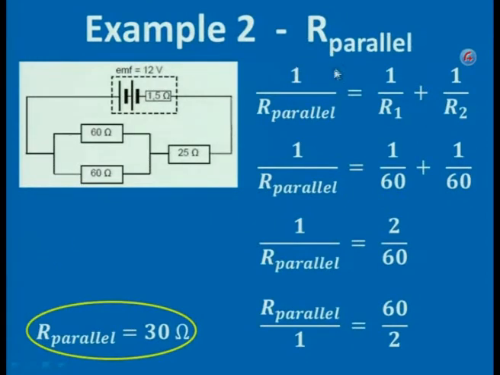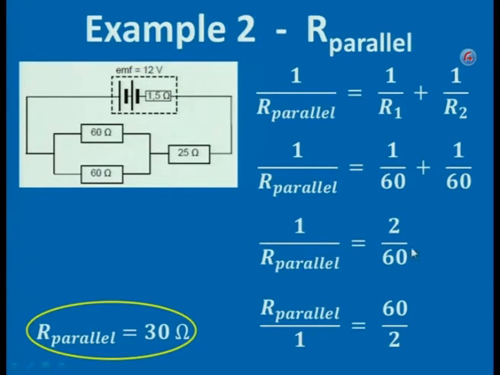We want RP. So 1 over RP is then 1 over R1 plus 1 over R2. So 1 over R parallel is then 1 over 6 ohms plus 1 over 6 ohms. You are substituting the 6 ohm resistor here and the 6 ohm resistor there for R1 and R2.